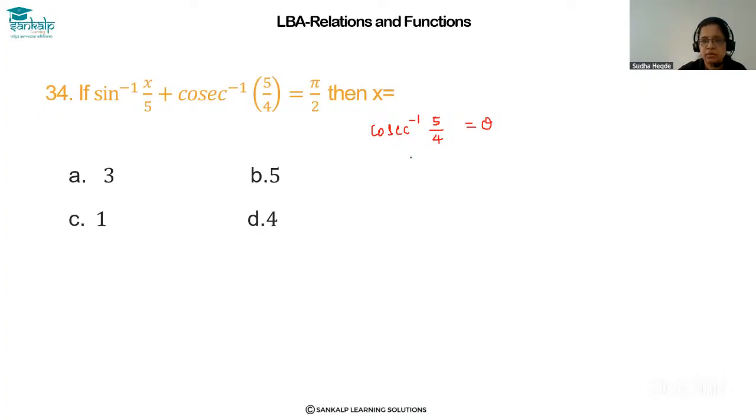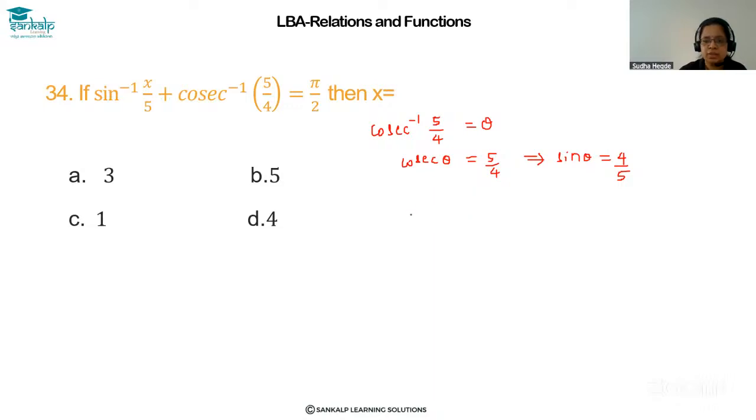Implies cosec theta is equal to 5 by 4. This implies sin theta is equal to 4 by 5. Correct? So sin theta is equal to 4 by 5.